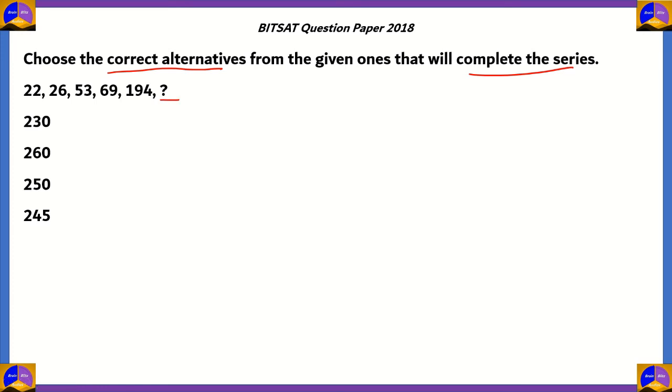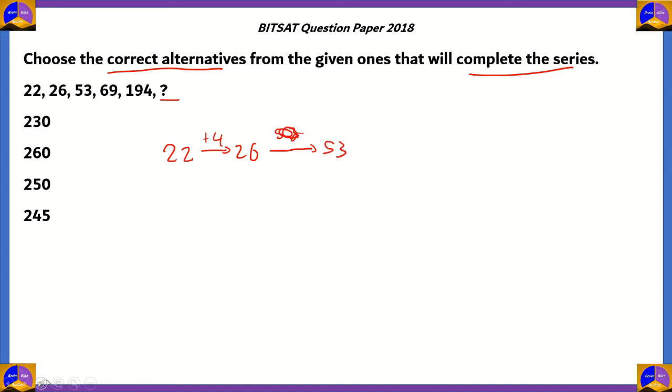Well, it's a good idea to find a relation between the numbers, and the way to do that is to find their differences first. So 22 and then 26. There is a difference of 4. 26 and then 53.